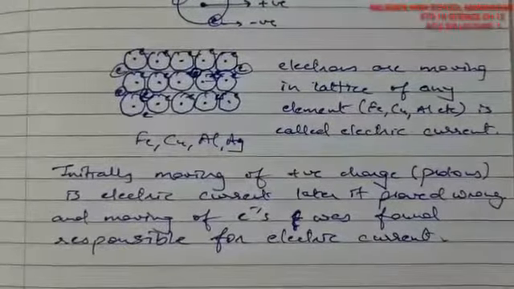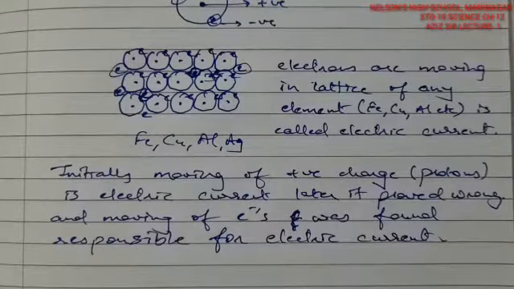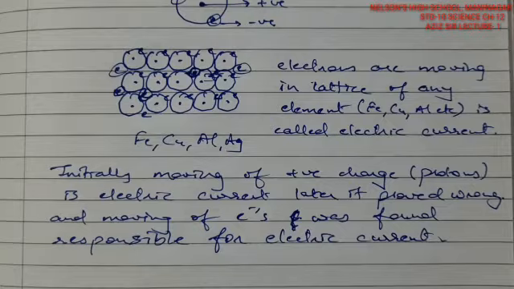Fine. So electric current is nothing but the moving of electrons from one point to another point.